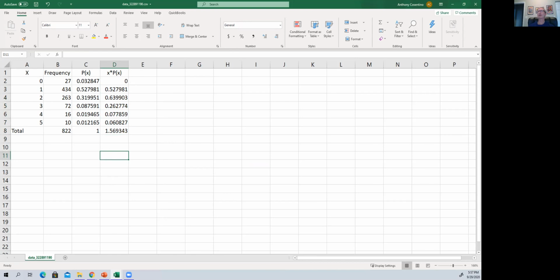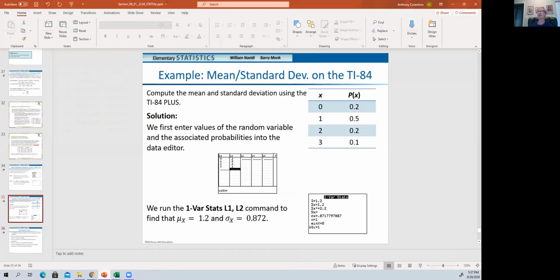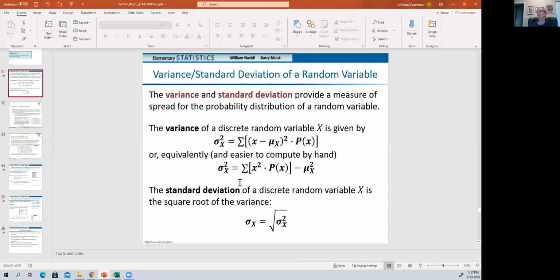So what is the next step with regards to the calculation? Here, I just want to go back and make sure I don't screw this up, because I don't memorize all these formulas. That's right. So we have to do X minus the mean, squared, and then we multiply it times the probability distribution function.